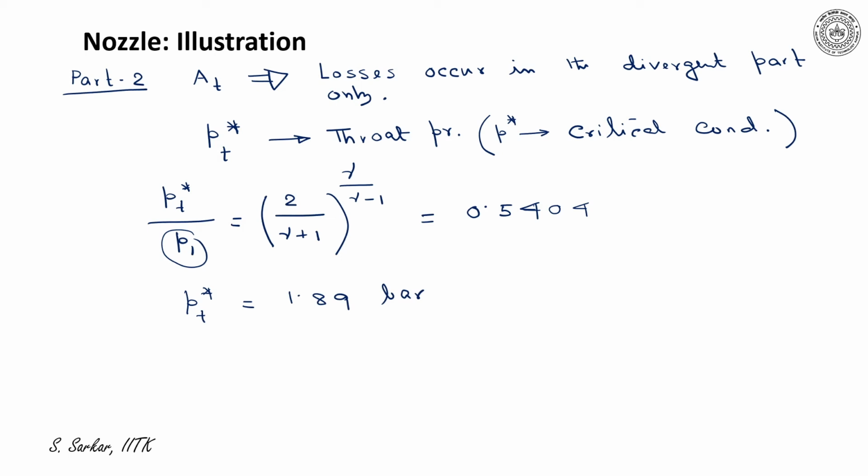Now please note that I have written, since P2 is less than PT star, definitely the throat is choked, or the nozzle will be choked.